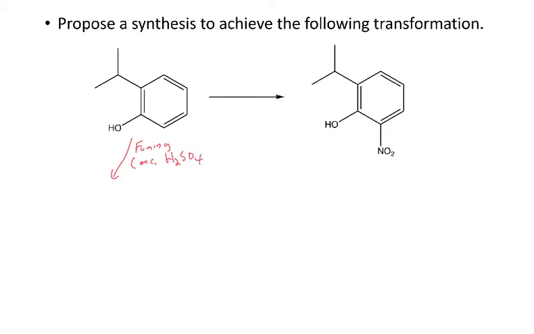I'll use fuming concentrated sulfuric acid. Now I can do the nitration using a mixture of nitric acid and sulfuric acid.